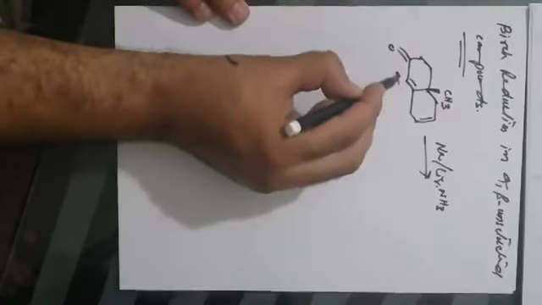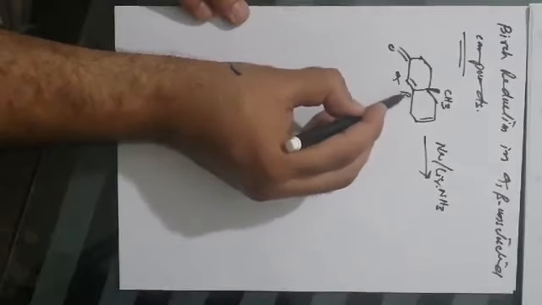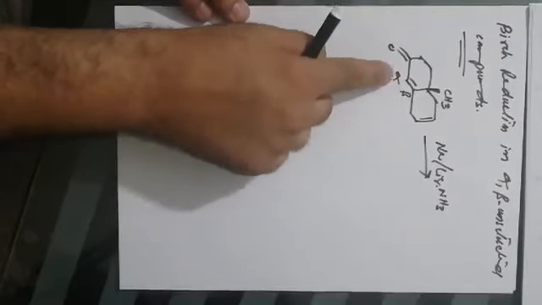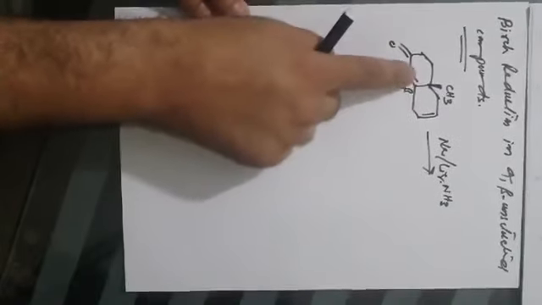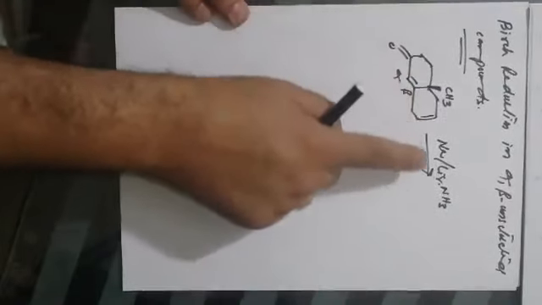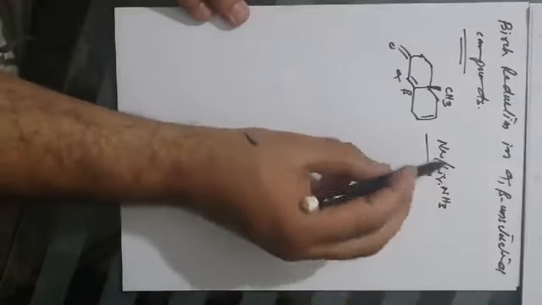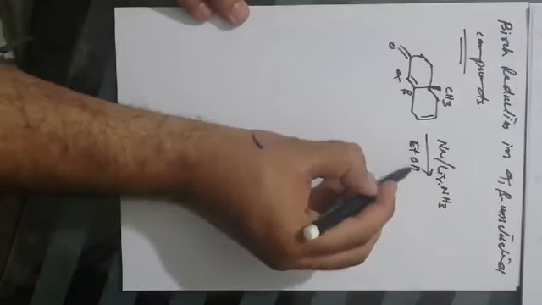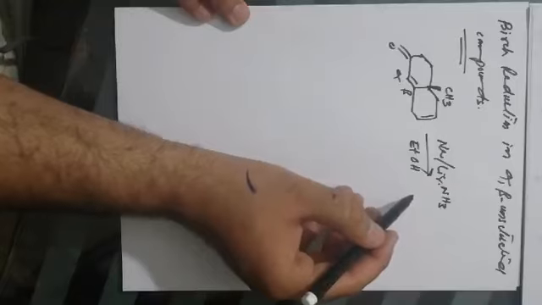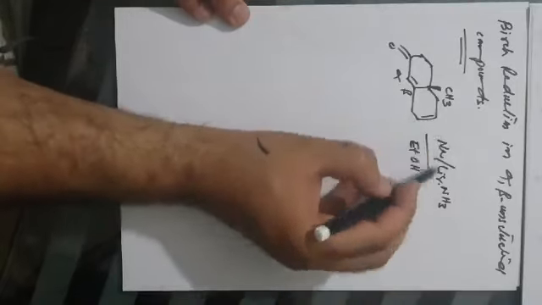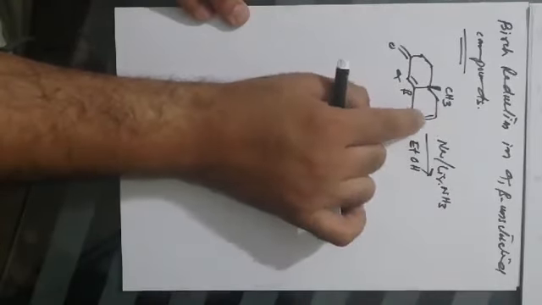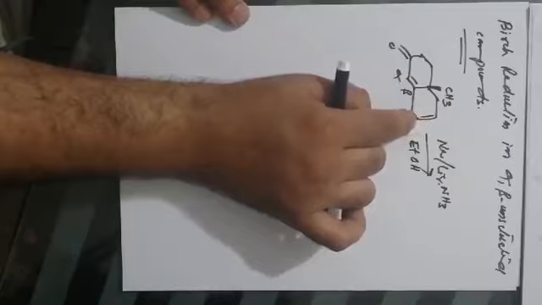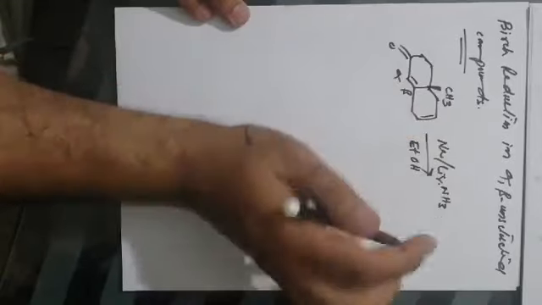What is this carbon? This is alpha carbon and this is beta carbon. So alpha beta unsaturated carbonyl compound also undergoes Birch reduction. This alkene would not react because this is not a conjugated alkene. This is not a conjugated olefinic bond.